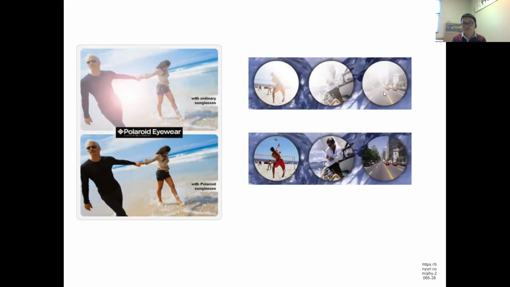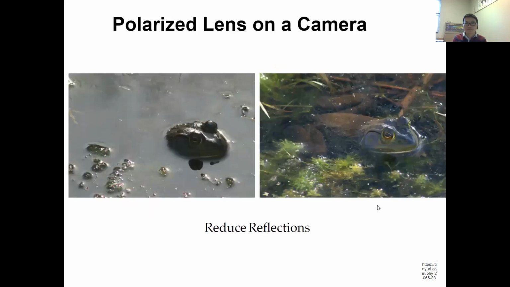Also, if you are attending a sporting event or other event and there's a lot of reflection from the background, wearing polarized sunglasses will help you reduce it, so you can see things more clearly.